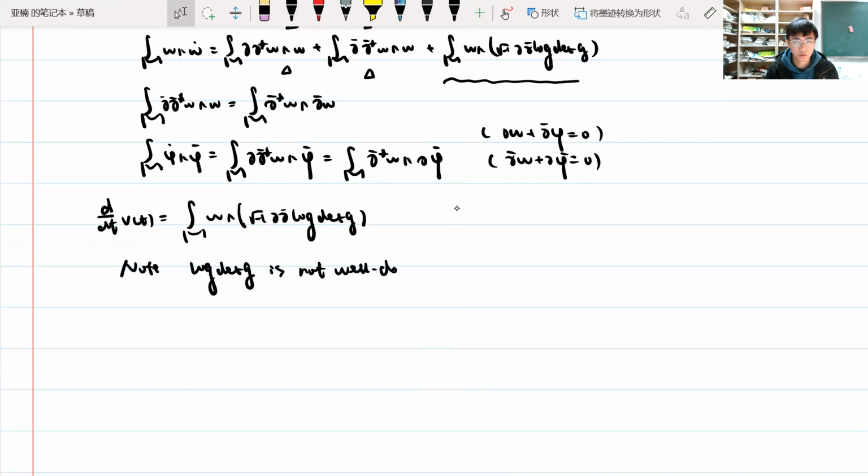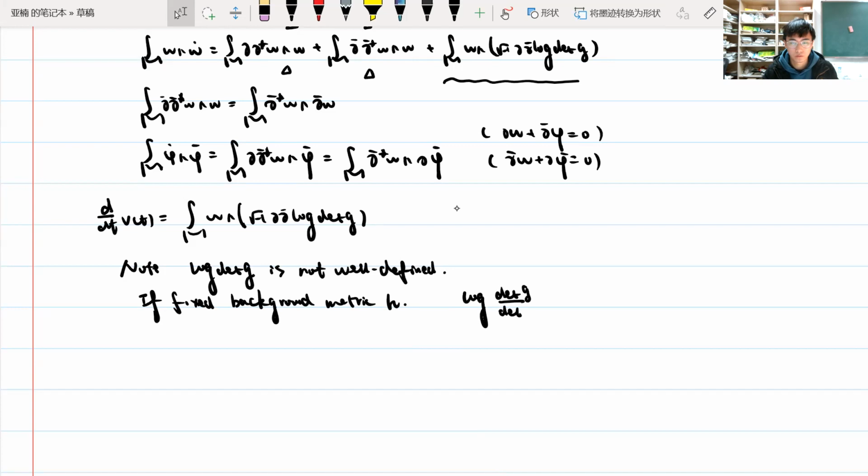But if we fix a background metric, then the difference is well defined. So we rewrite it.